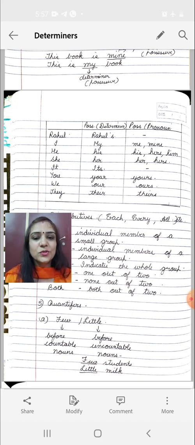So those students who get confused between T-H-E-R-E and T-H-E-I-R, understand one thing. If it is T-H-E-I-R, it's a possessive determiner, so it would be followed with a noun. Their house, their book, their place, their dignity. So in that case, it is T-H-E-I-R, it is showing possession.